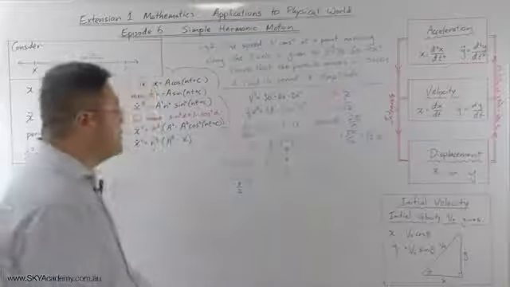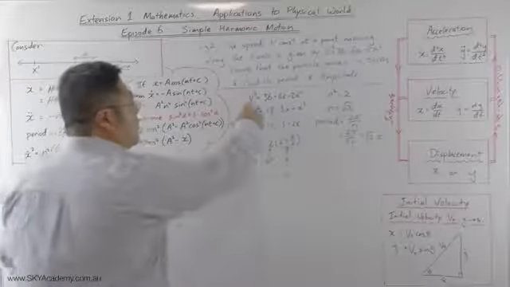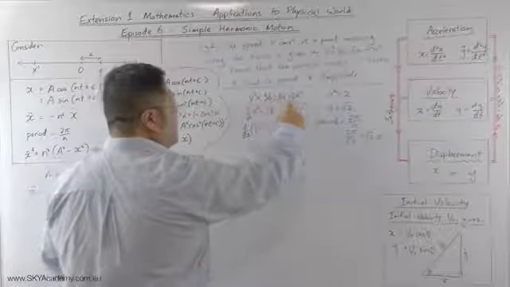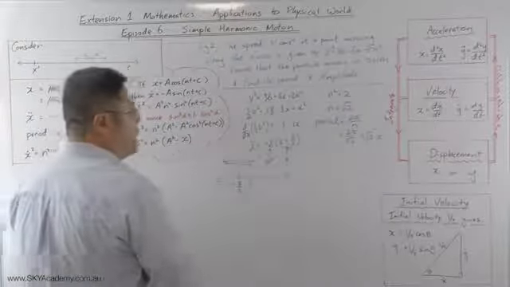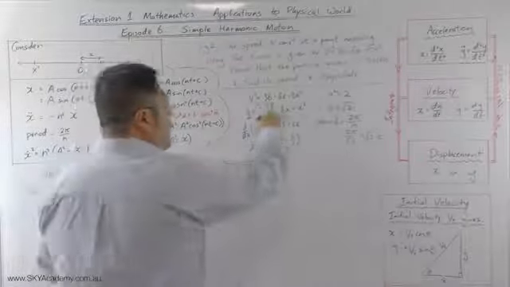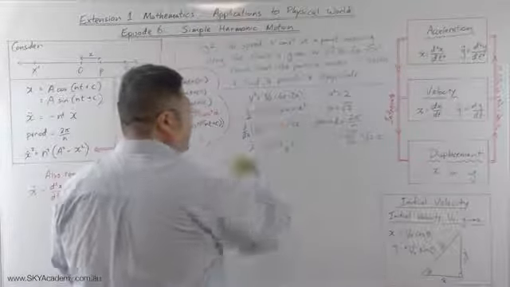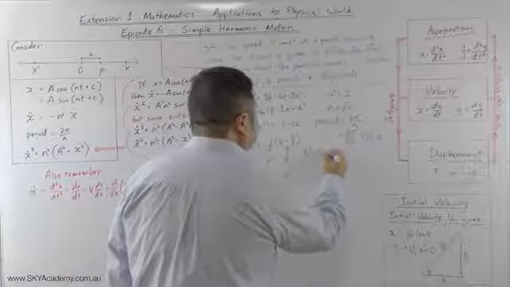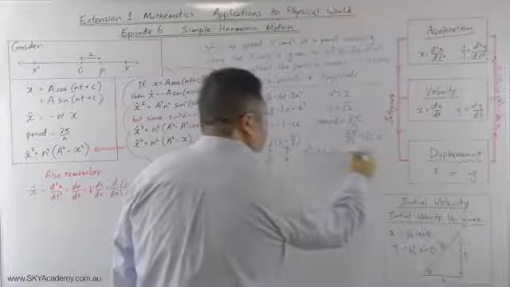All right, now I'm going to do something very sneaky here. We know that v squared is equal to 36 minus 6x minus 2x squared. So I'm actually going to factorize that. v squared is equal to 36 minus 6x minus 2x squared.